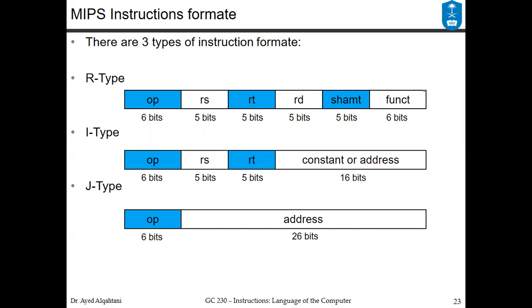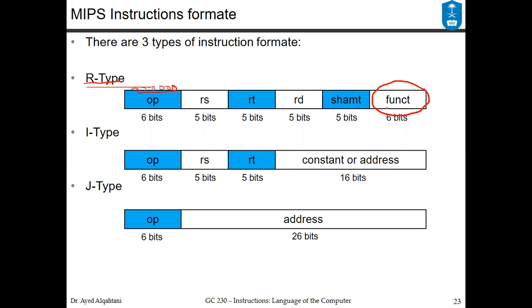We have a field here called the function field. You will see that the R type has a lot of different instructions that fall into this format. Those instructions have a similar opcode. Let's say that the opcode is 0, 0, 0, 0, 0, 0, 6 zeros. Now, how to differentiate many instructions that have the same opcode?